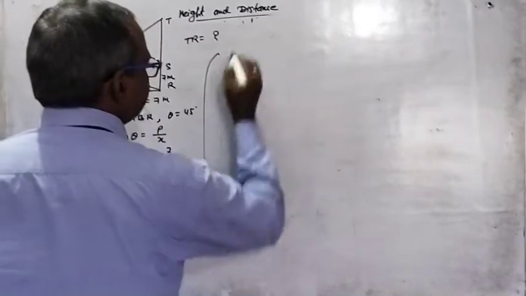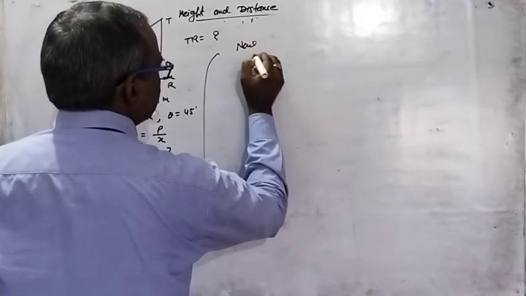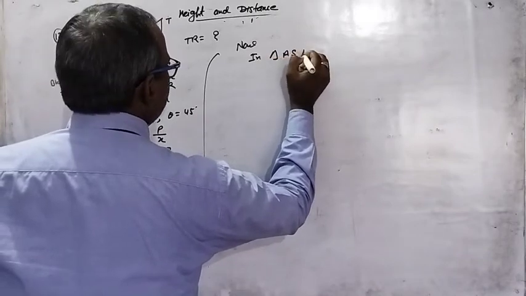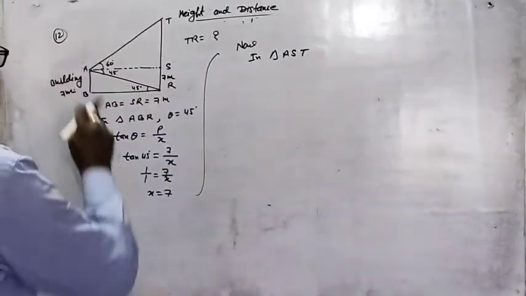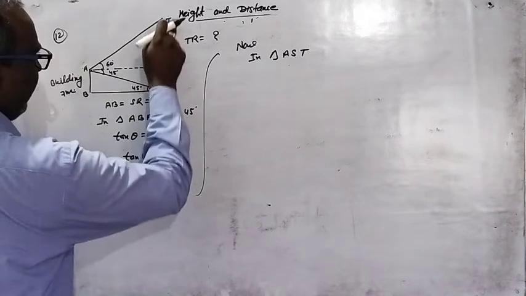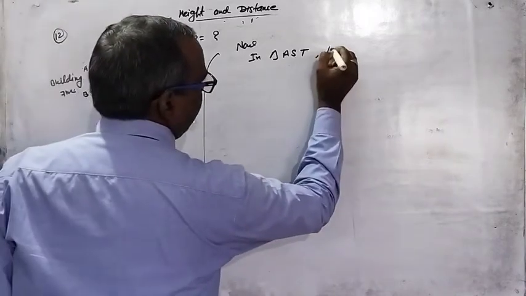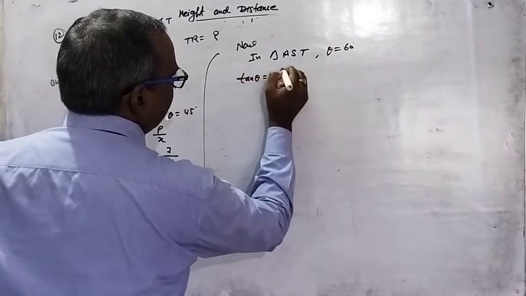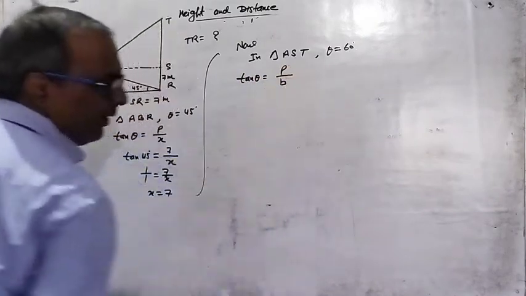Now in triangle AST, here theta equal to 60 degree. So taking tan theta, it is also perpendicular by base.